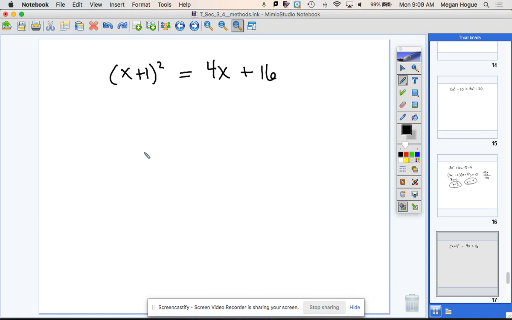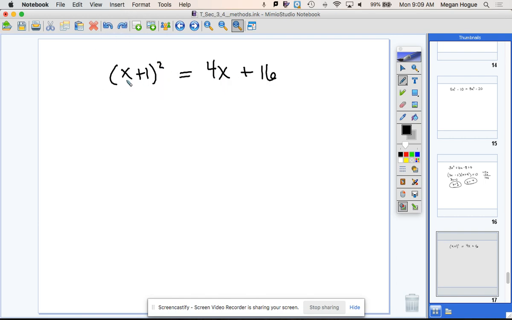So do I have some problem solvers out there? Well, I can't square root this over here. So that's out of the picture. What? I've got to FOIL. I've got to break this up so I can work with these terms.